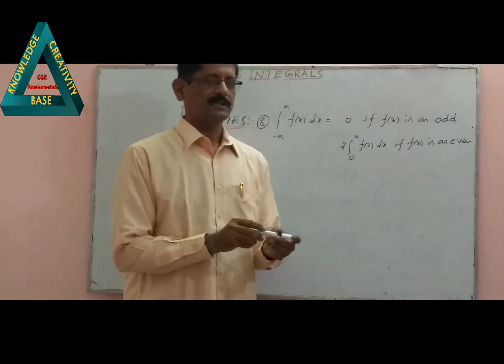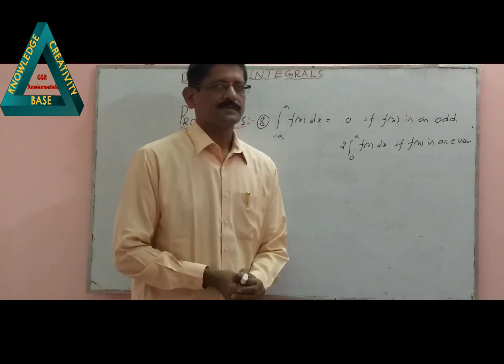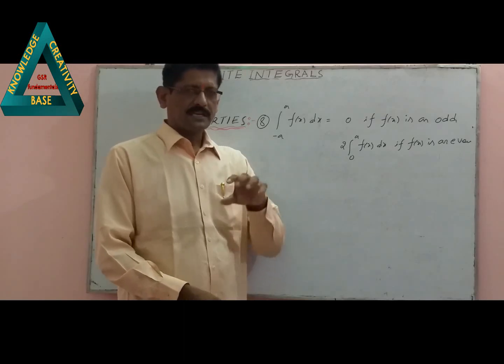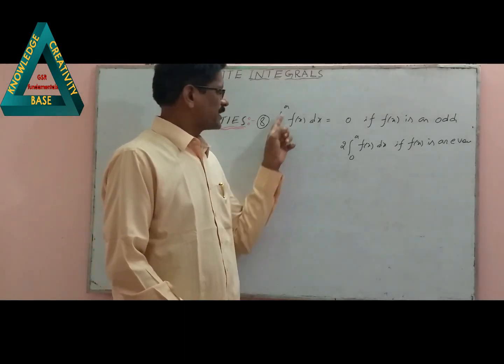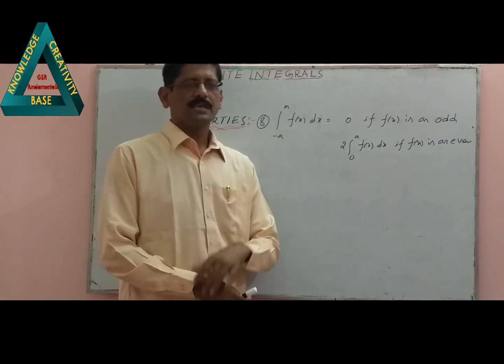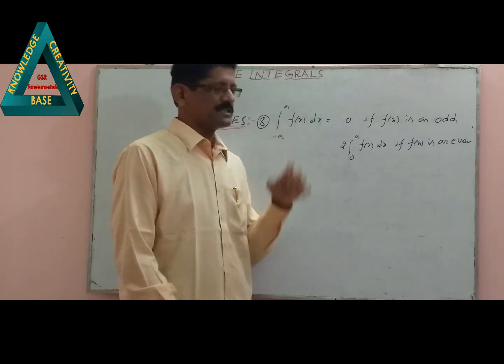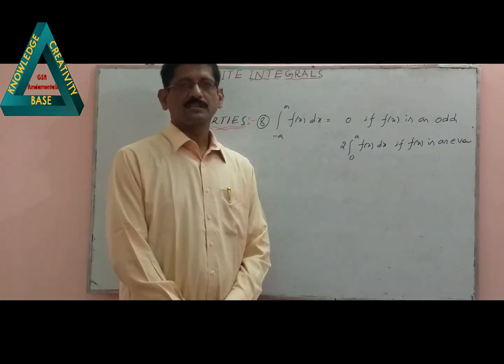What is the property? It's a very important property. Suppose this definite integral has opposite limits, that means minus a to a, the limits are the same but with opposite sign. Integral minus a to a f of x dx, what is the value? There are 2 values, depending on the function f of x.